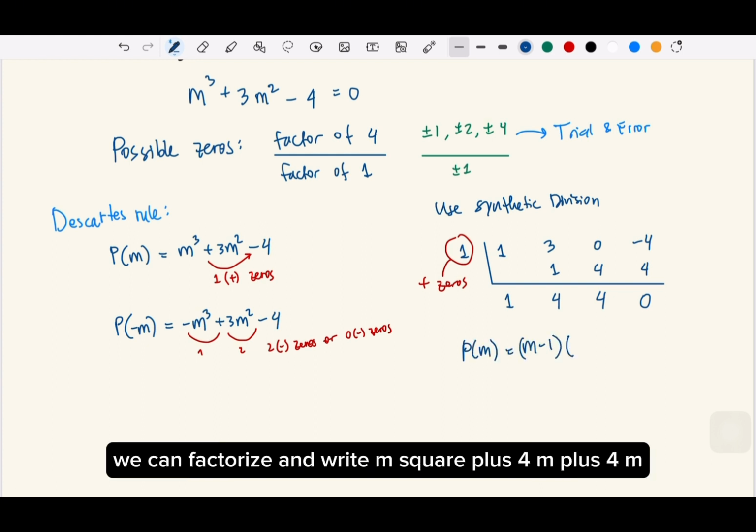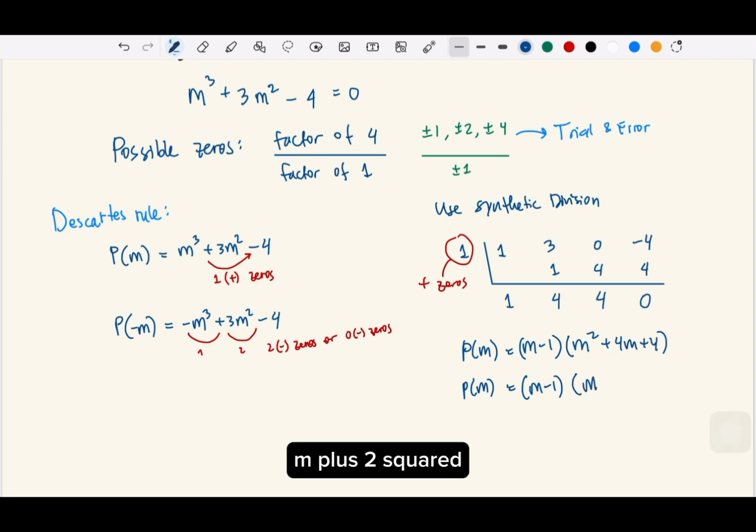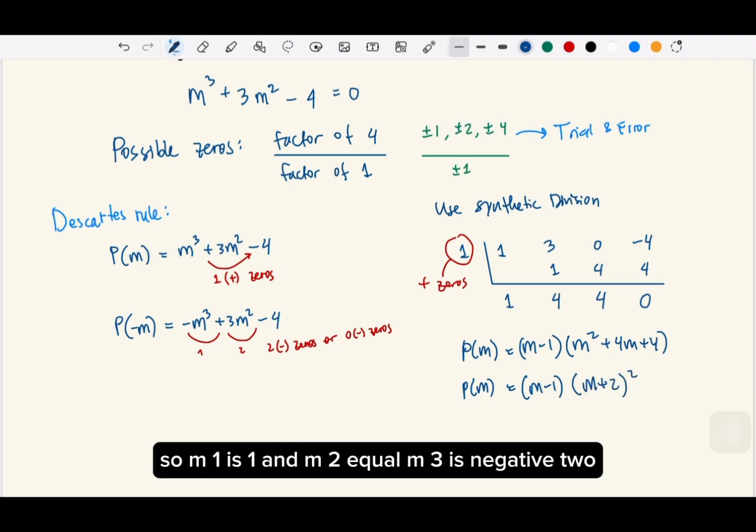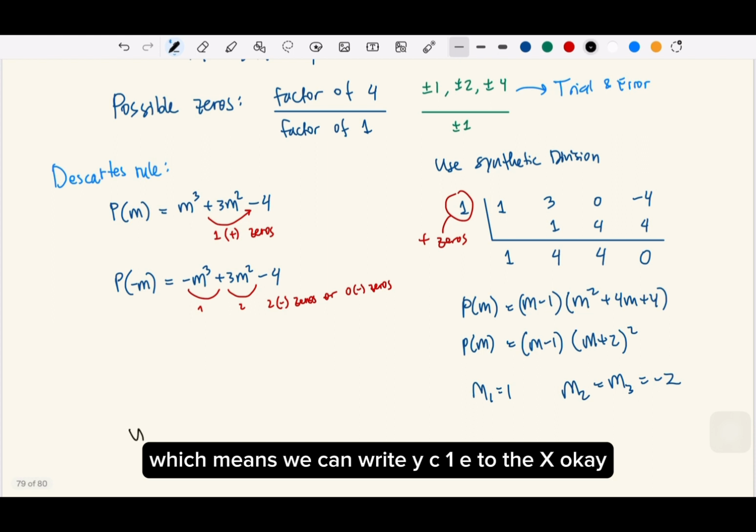We can factorize and write m squared plus 4m plus 4. And luckily we can factorize further, so it becomes m plus 2 squared.